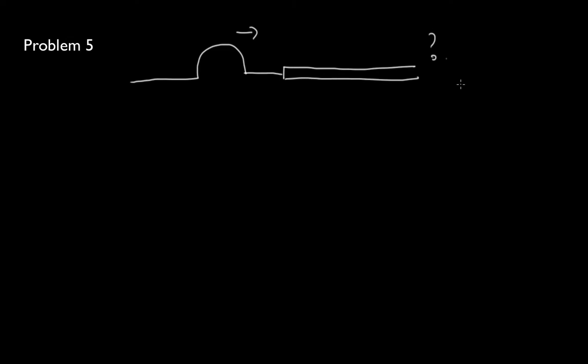Problem 5. So in this problem we have a low density medium with a pulse travelling along it, and it gets to a higher density medium here, and we're asked what happens once the wave gets here. Well, a couple of things happen. First of all, some is reflected and some is transmitted.